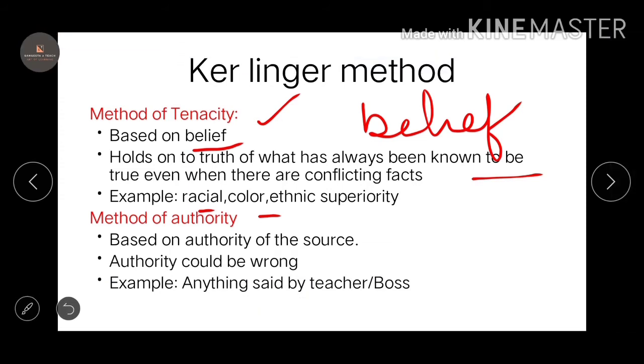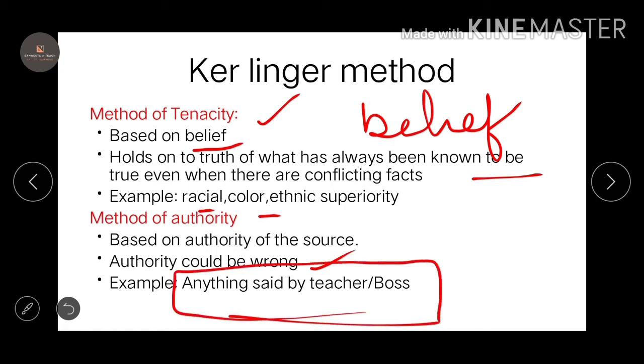Authority is based on the authority of the source. Authority is having command, or based on roles and responsibilities. So authority can be wrong as well. Sometimes anything that is said by a teacher or boss is nothing but an authority. So this is based on the method of authority.